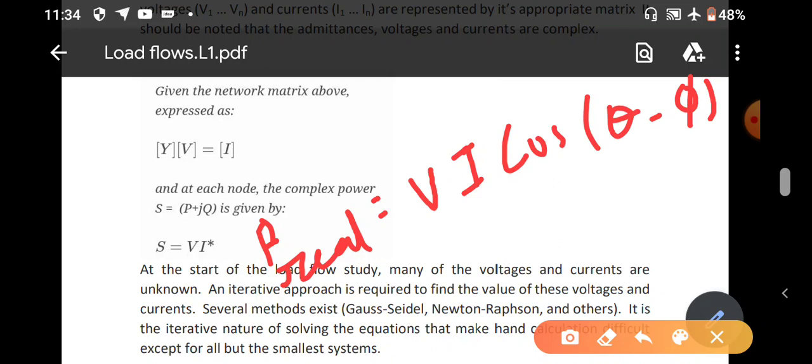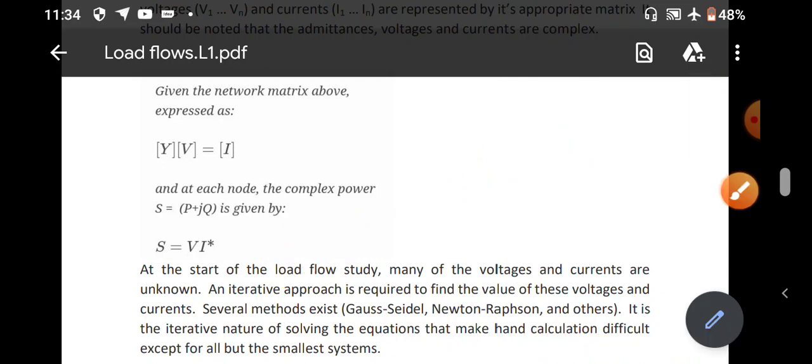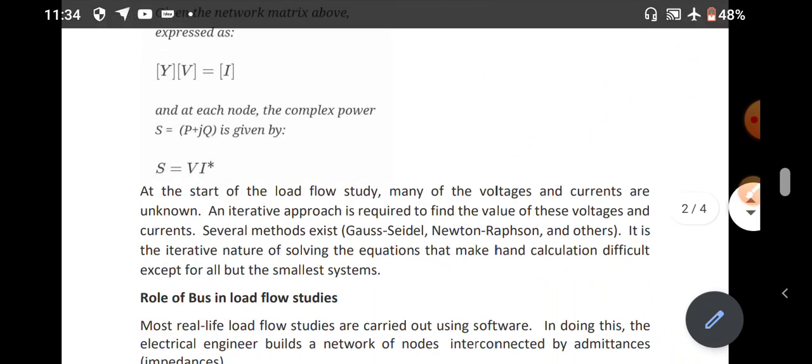I hope now you understand why we are taking the complex conjugate of I to calculate the complex power.